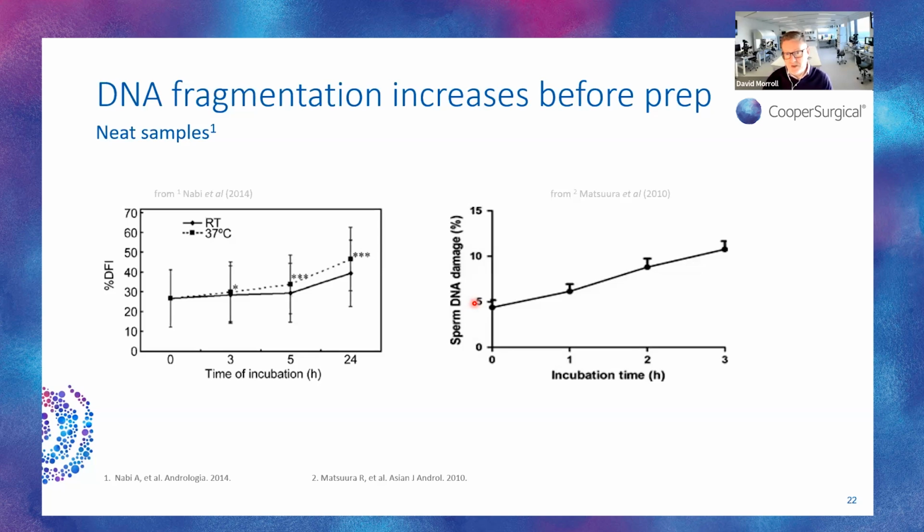So the message there being, if you are preparing sperm samples, ideally prepare them as soon as possible, and ideally no longer than 30 minutes between production and preparation. And if you can't do them immediately, then make sure you're not leaving them at 37 degrees, because the rate of DNA damage will be higher.